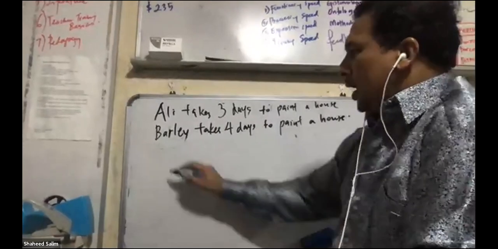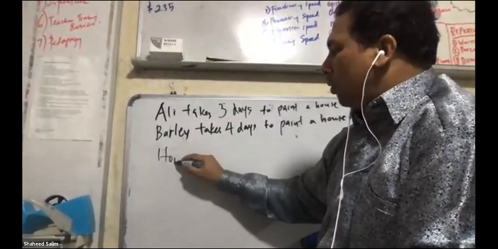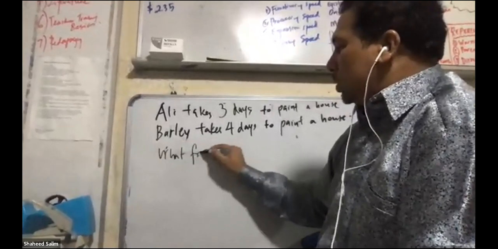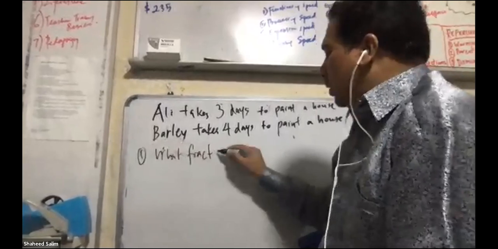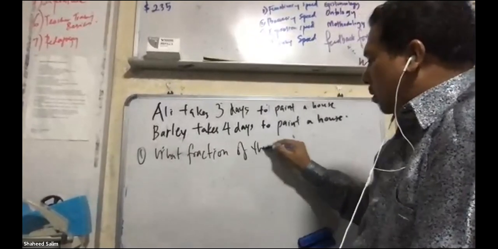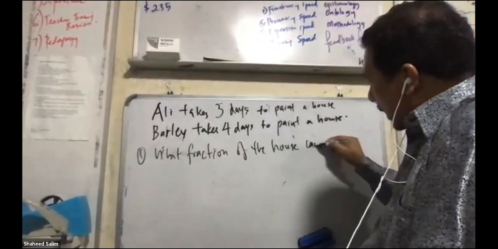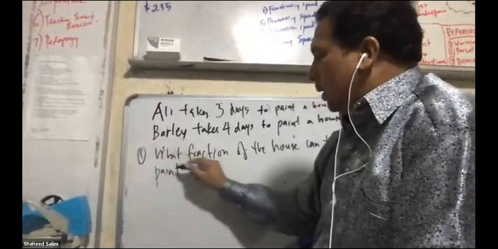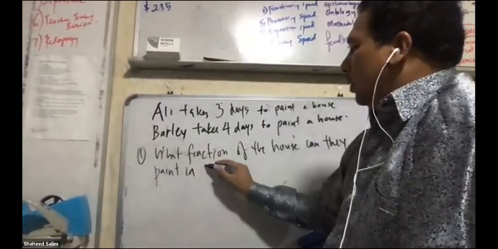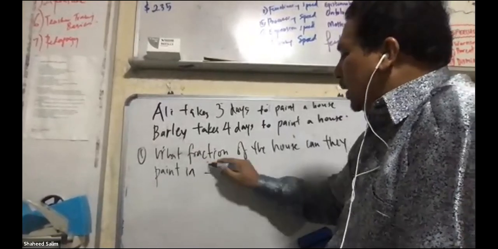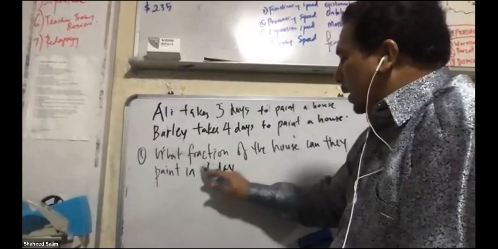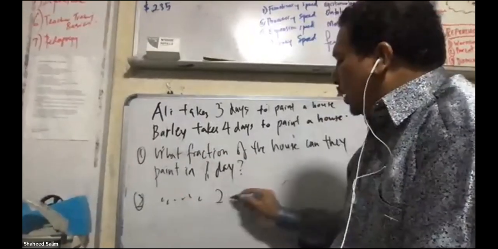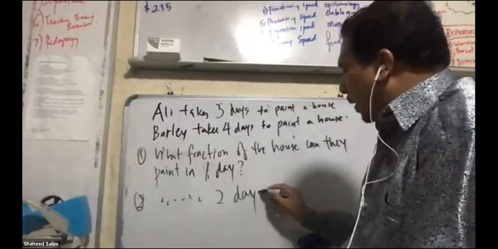Okay, so the question is asking, in 2 parts of the question, what fraction of the house can they paint in 1 day? 1 day first, and then later on, same question, in 2 days. Same question as down here, but I want in 2 days.